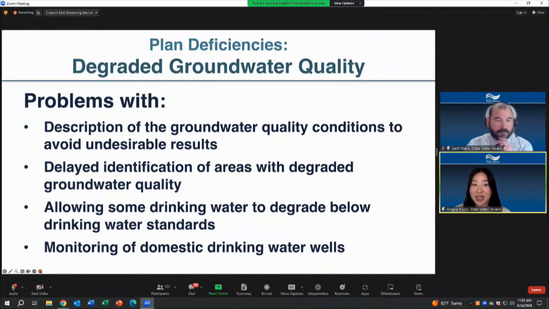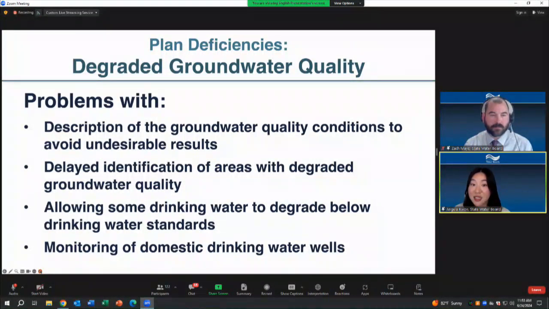The 2022 plans do not demonstrate that the monitoring networks for water quality allow the agencies to monitor impacts to domestic drinking water wells. The plans use public supply wells to represent drinking water wells.